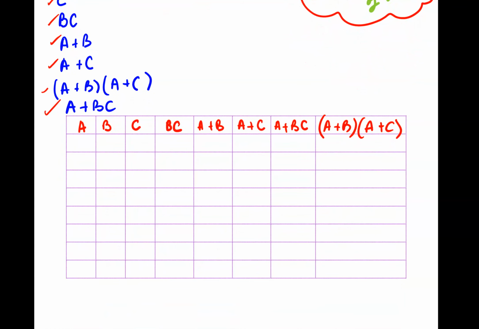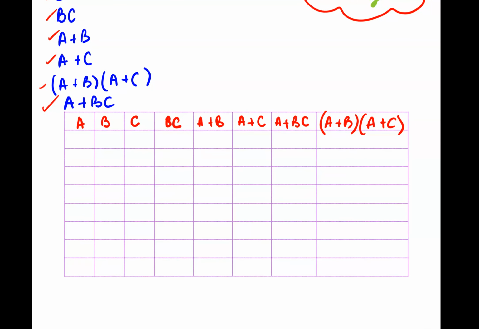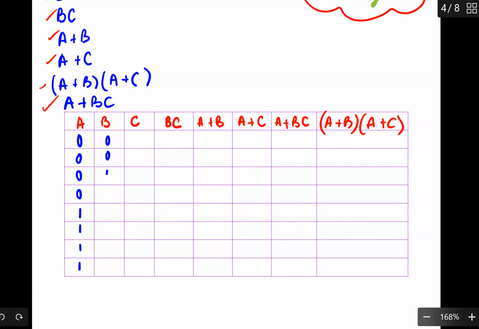Okay. So the combination of 0 and 1, as we mentioned in the previous class, we should start with the 4 zeros for A, and then the 4 ones, 2 zeros for B, then 2 ones, 0 0 1 1, and alternation of 0 and 1 in this case.